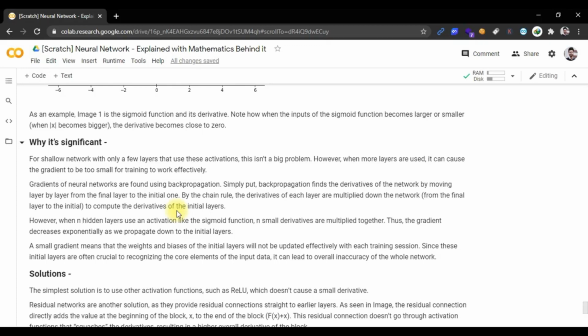Simply put, back propagation will find the derivative of a network by moving layer by layer from the final layer to the initial layer. By the chain rule, the derivatives of each layer are multiplied down the network, layer by layer, to get the derivative of the initial layer.